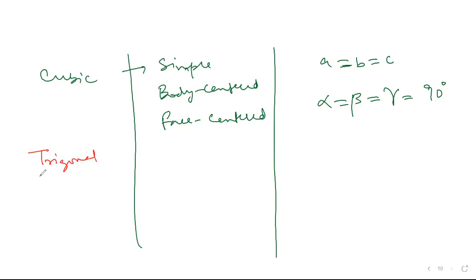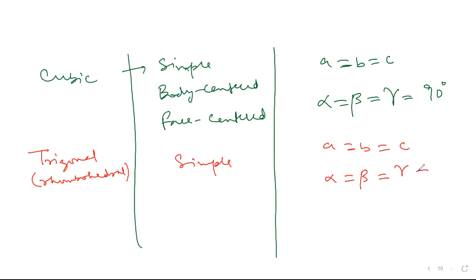Then we have another crystal system, trigonal or rhombohedral, where we have only one possibility of Bravais lattice, which is simple. Unit cell characteristics: a equal to b equal to c, alpha equal to beta equal to gamma not equal to 90 degrees, but all less than 120 degrees.